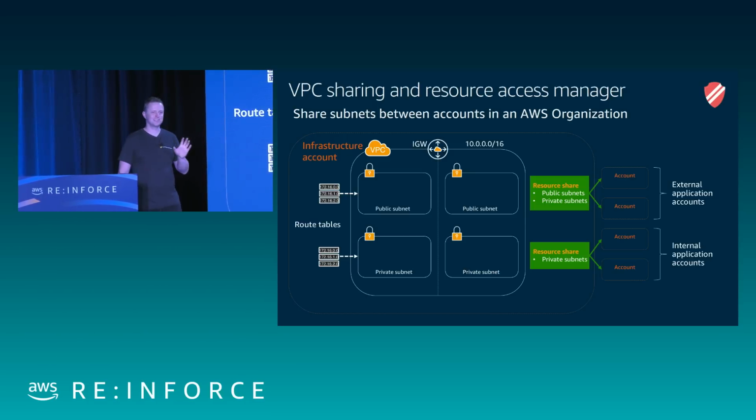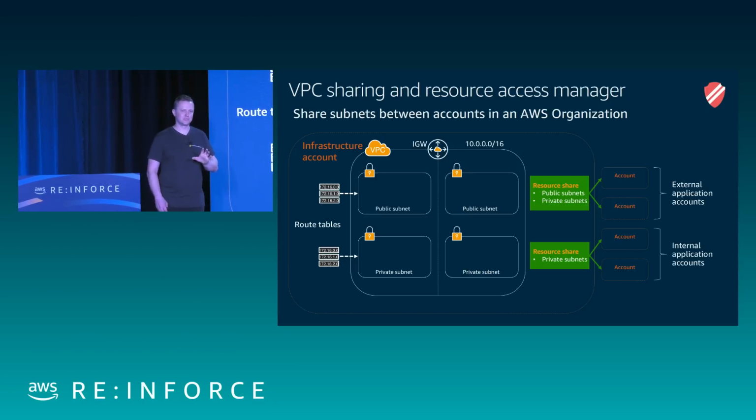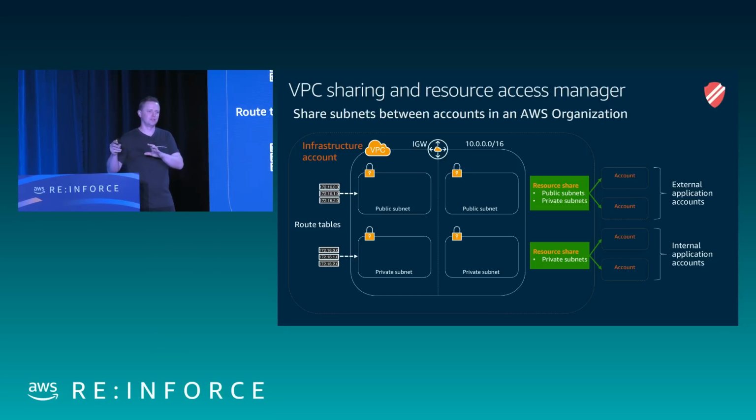Then you can share subnets, and of course you want to share more than one subnet because you want to run across multiple availability zones. You can share those subnets with a different application team or a different owner. So then you start to get the segregation between who owns the account and the VPC and the actual VPC itself. You can do this across accounts, but it must be within the same AWS organization. So it's one thing to think about.